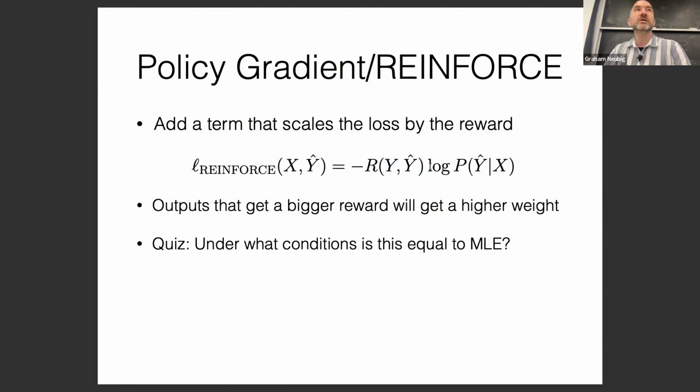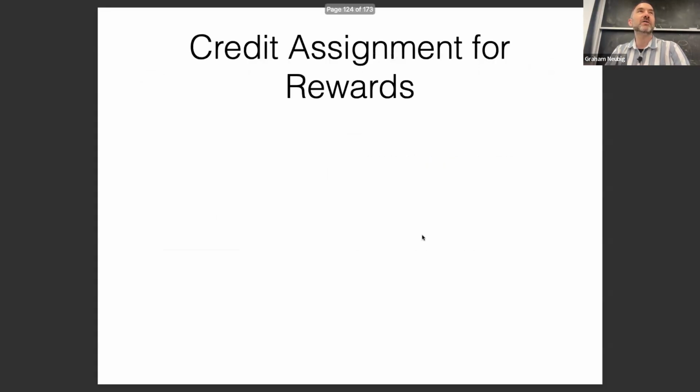Another reason why it can be unstable is that even in the case where you do get rewards, they can be pretty sparse. And so you'll be getting rewards semi-randomly. And you might have a good model that was trained using maximum likelihood, but you'll be taking random steps that greatly increase the reward, and then you'll get no reward for a long time, and then random steps that greatly increase the reward. And so this can be a problem and makes it very hard to learn.